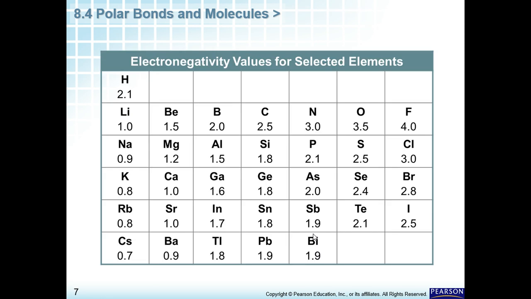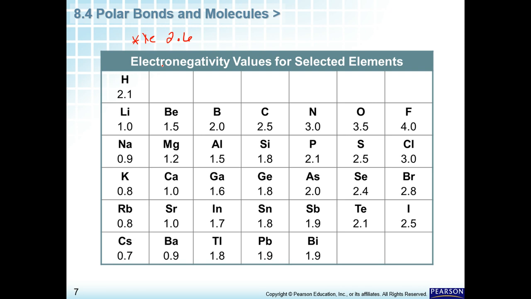Here is our electronegativity value table that's given in your notes. You'll be given this on your test. There is one value that's not included here that I want you to add, and that is xenon, Xe, which has an electronegativity value of 2.6. So I want you to add that into your notes.